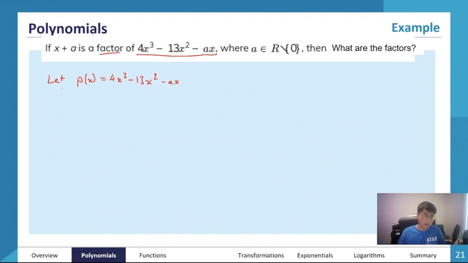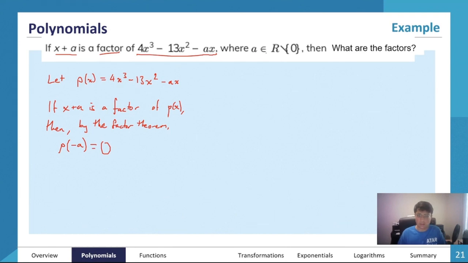Now we can write, if x plus a is a factor of p of x, then by the factor theorem, p of negative a, because x plus a is our factor, we're taking negative a, must equal 0.